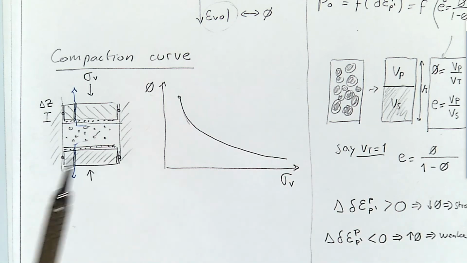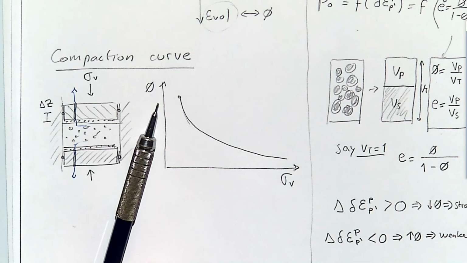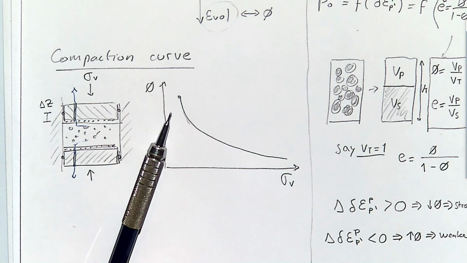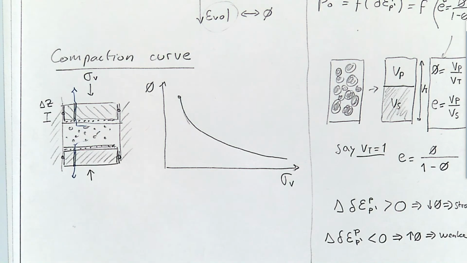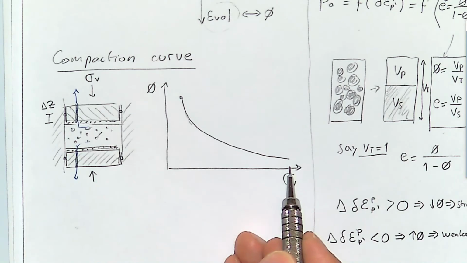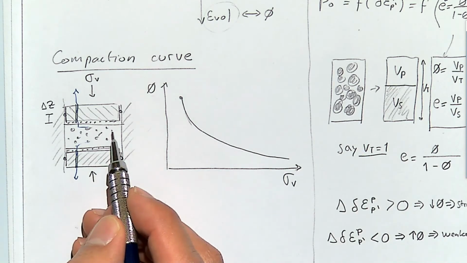Here we're talking about big changes, not a 1% change in porosity. We're talking about 10%, 20%, 50%. So we're talking about large changes of porosity, irreversible deformation, and plastic deformation. All of this path is going to be a path of irreversible plastic deformation in a process of compaction.